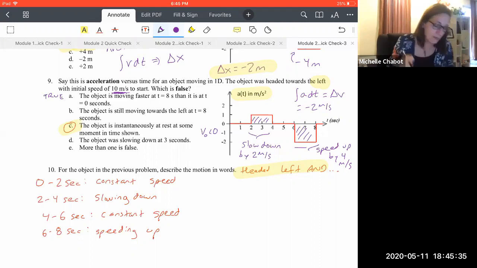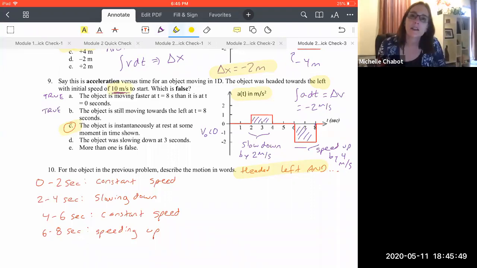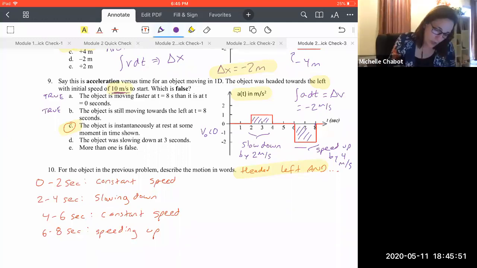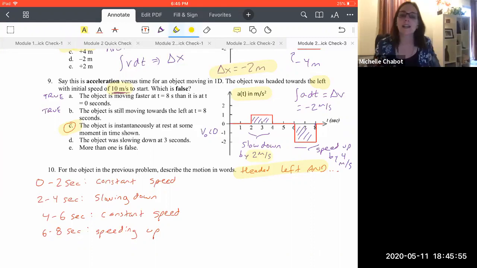And again, just labeling them true or false and then go back and answer at the end. The object is still moving towards the left at t equals 8 seconds. Yes, it is. That is a true statement because I started at 10 meters per second, and when I slowed down, I only slowed down by 2 meters per second. I didn't come to a stop.